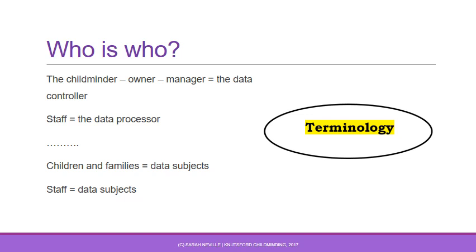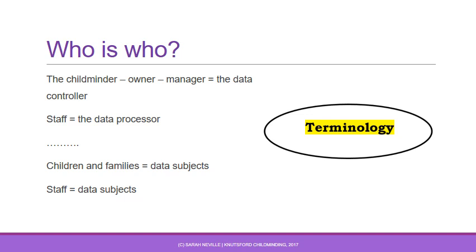The childminder, the owner, the manager, is the data controller. They control data about children, families, and staff members. In your work, you, the staff, are data processors because you're processing data about children and their families.